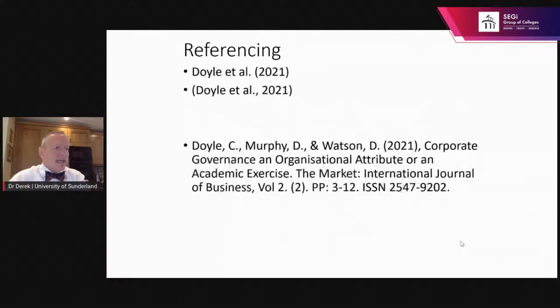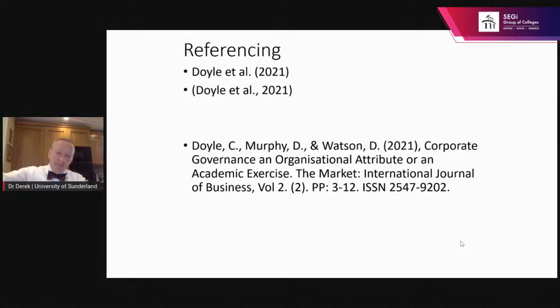And also, if you reference from more than a one-authored paper, i.e. 2 or more, you'll put the surname, et al., then brackets. If it's in brackets, at the end of the et al. it's a dot, comma, then 2021.